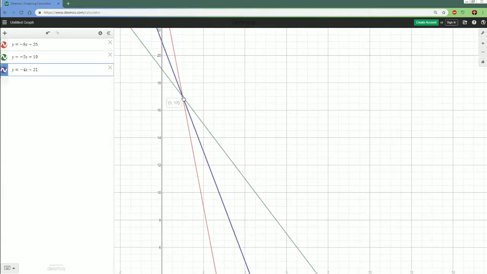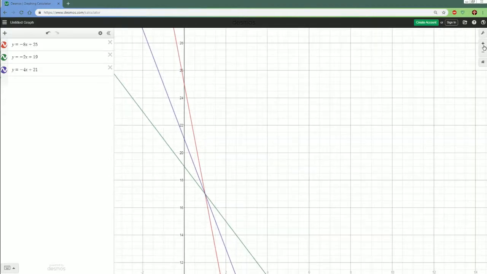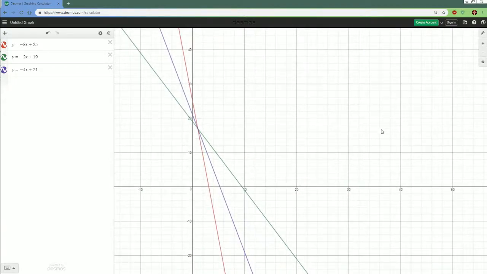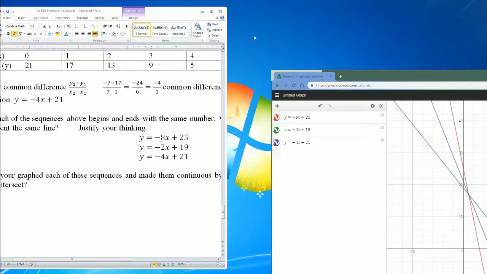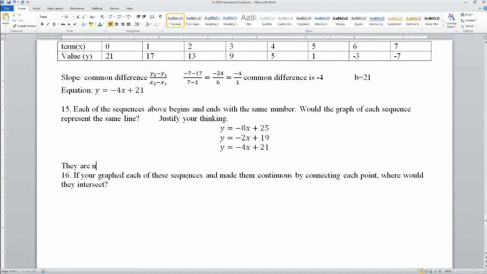Well, they all intersect here, but they all look different. They all have different slopes and different y-intercepts. So, no, they are not the same. They do not represent the same line.